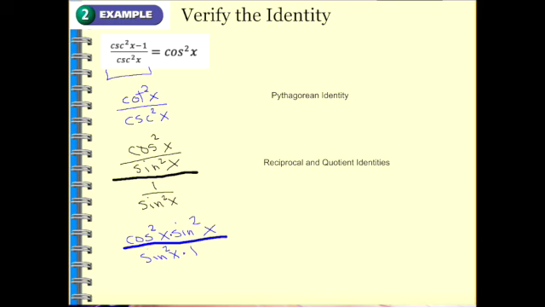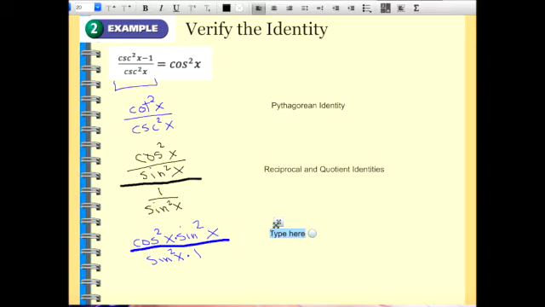That is simply division. We could even write dividing complex fractions if you want to sound fancy.